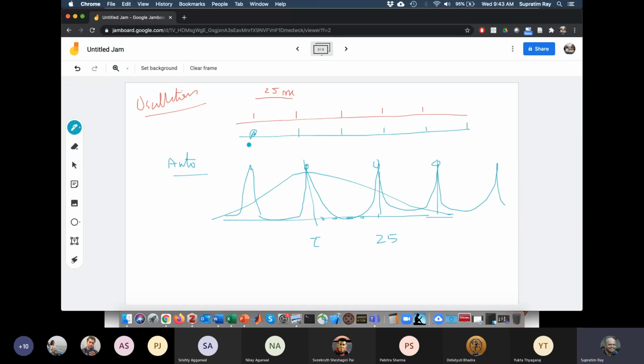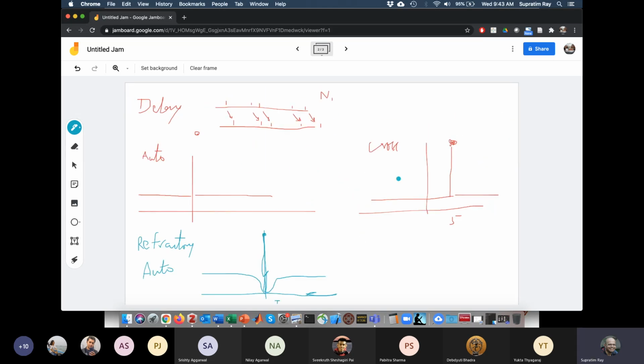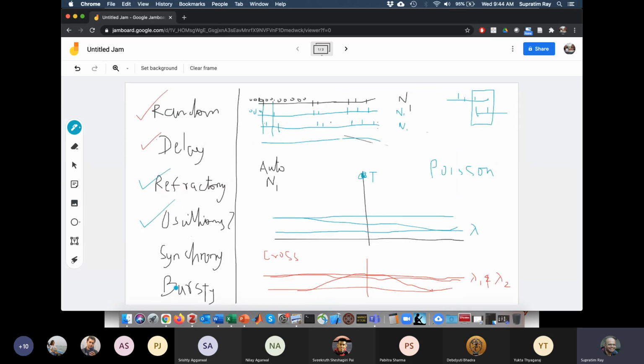This is the special case where the delay is 0, right? So the cross correlation function will show a spike at 0, showing that the two neurons are firing in synchrony.